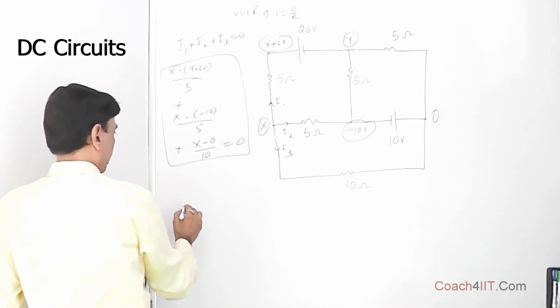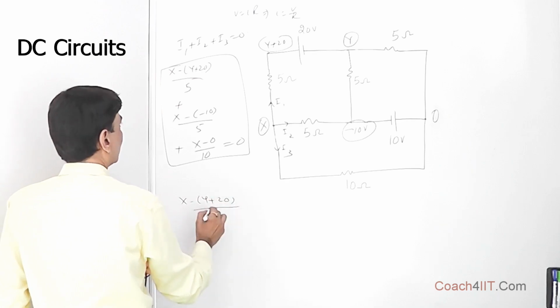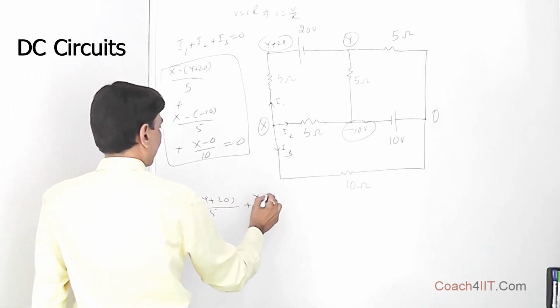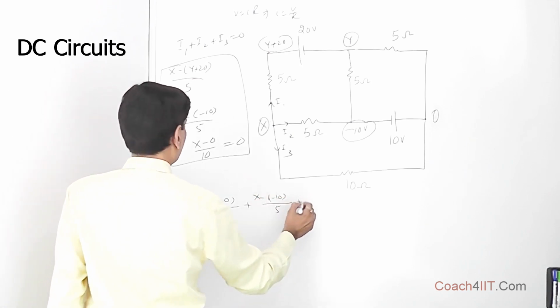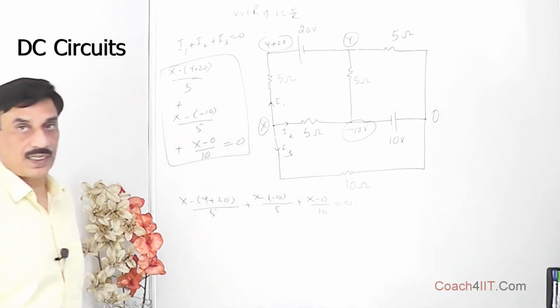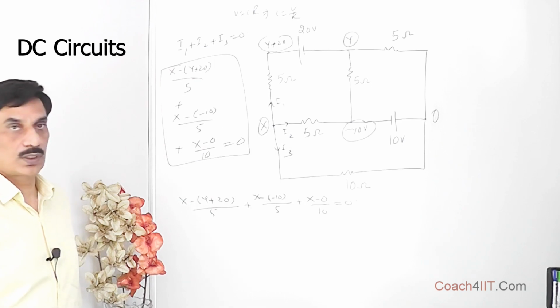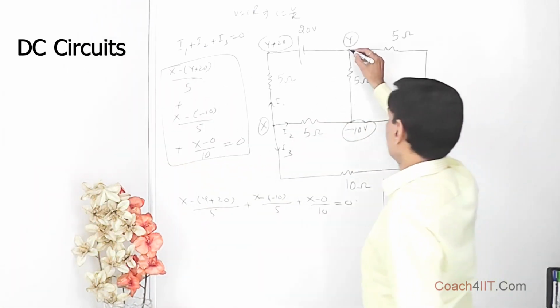If we rewrite over here, it is X minus Y plus 20 by 5 plus X minus 10 by 5 plus X minus 0 by 10 is equal to 0 for the X node. And now similarly we can write the equation KCL for the Y node also.